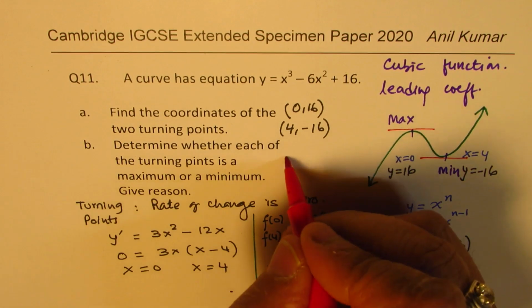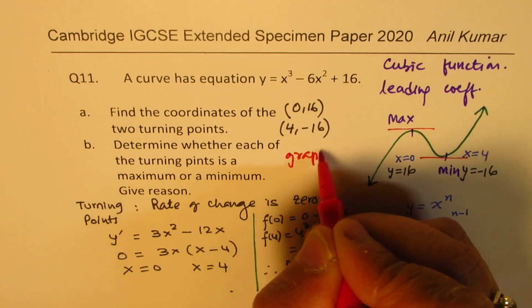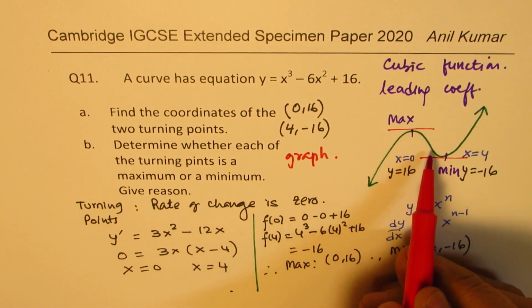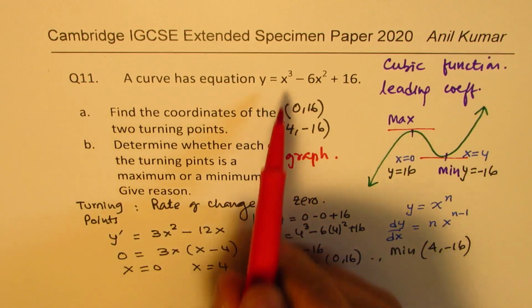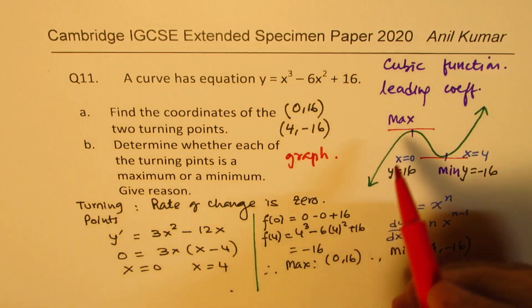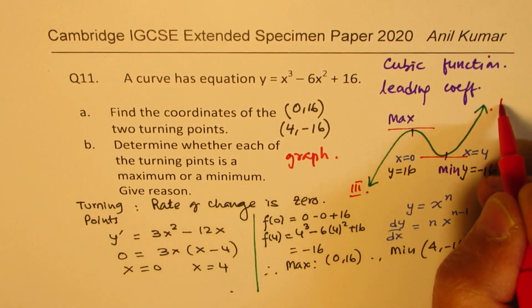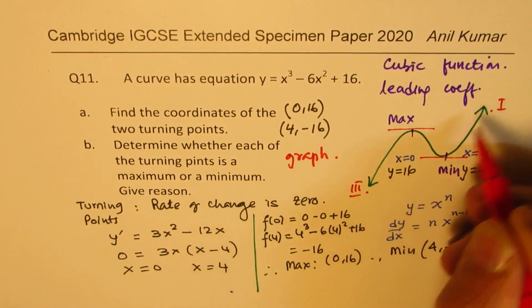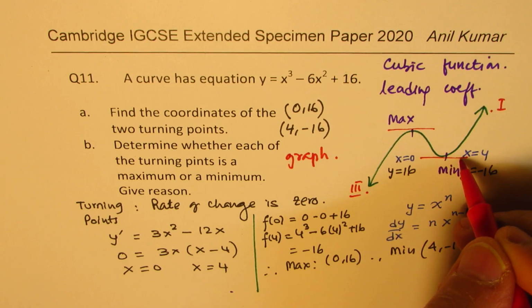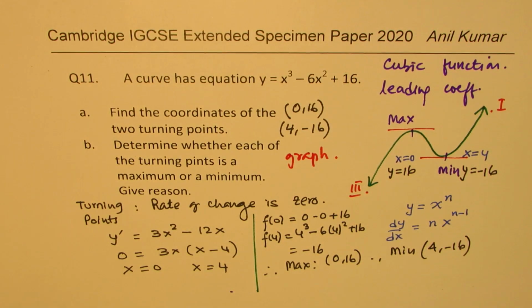We have shown it with the help of a graph. So our reasoning is from the graph. Since the leading coefficient is positive, the curve moves from negative to positive, quadrant 3 to quadrant 1. With these two turnings, that is the only way it could do, right? And therefore, there has to be a maximum at the first turning point and a minimum at the second turning point.